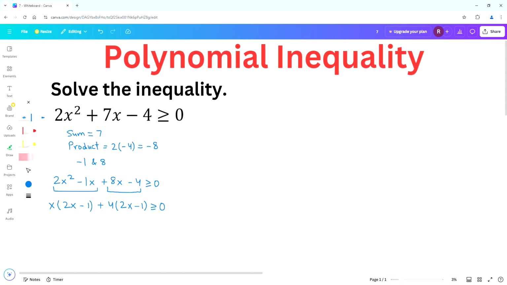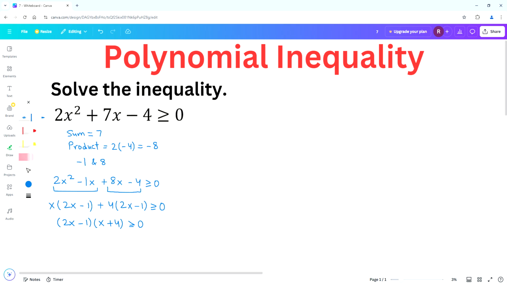Now we can factor out 2x minus 1 from both terms. And we are left with x plus 4 in the second parentheses. This is the factored form of the given quadratic expression.